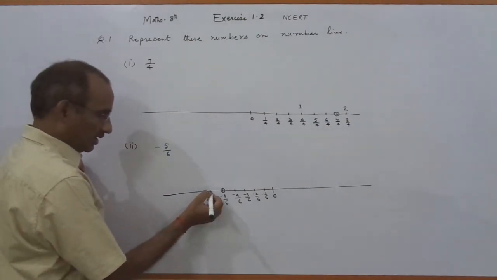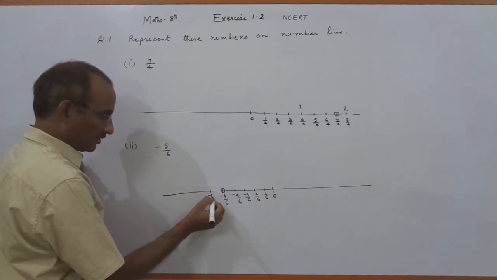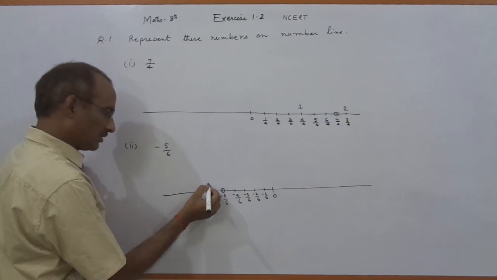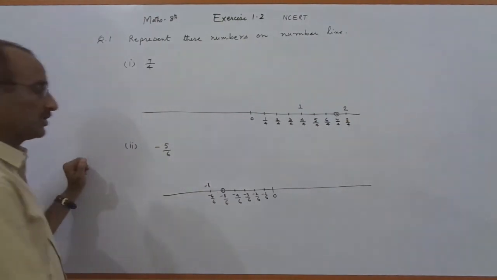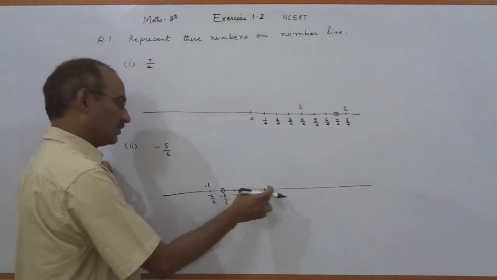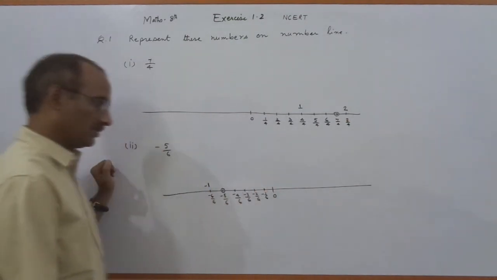And here we have minus 6 upon 6, or it can be written as minus 1. So minus 5 upon 6 is between 0 and minus 1.